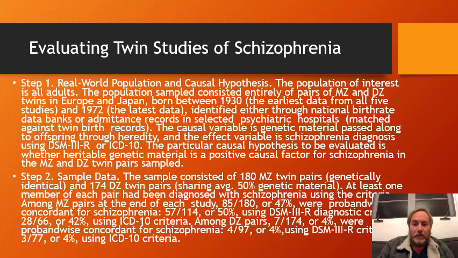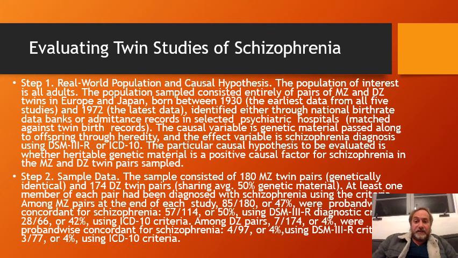Okay, so what is the data? We've already seen the data, right? But the sample was 180 MZ pairs and 174 DZ pairs. Again, at least one member had been diagnosed with schizophrenia. And then by the end of the study, about 40% of the MZ pairs were concordant, right?